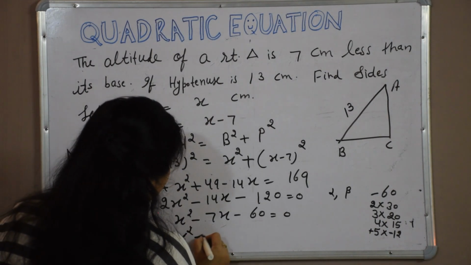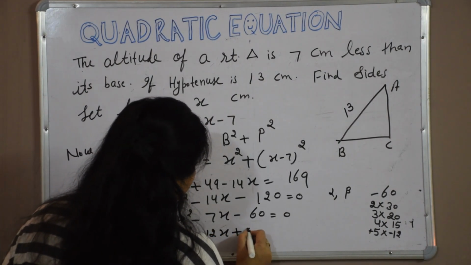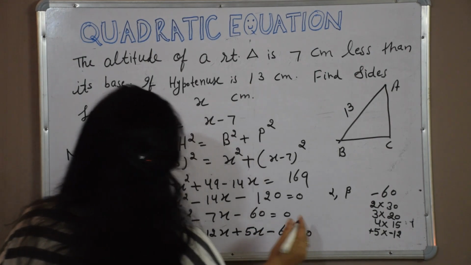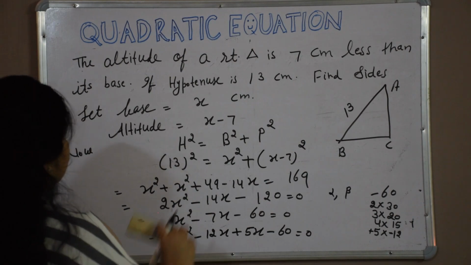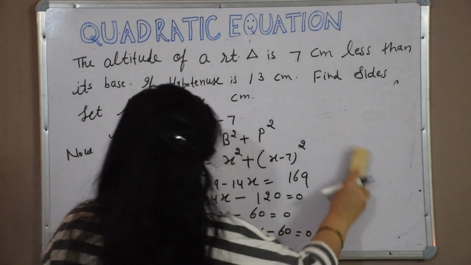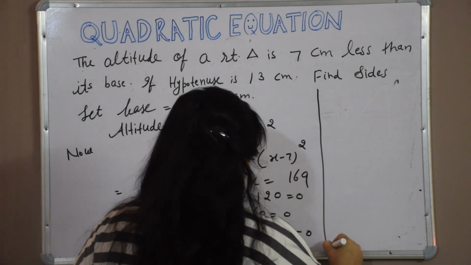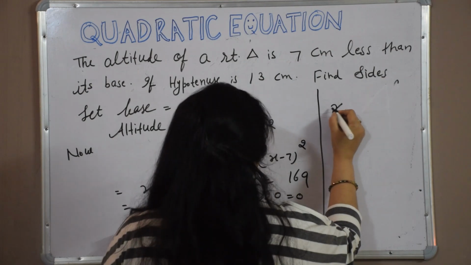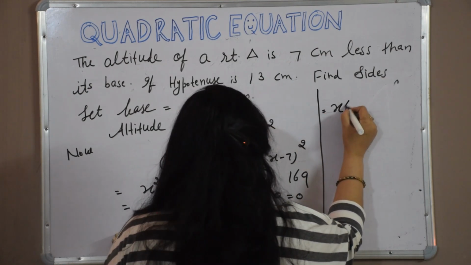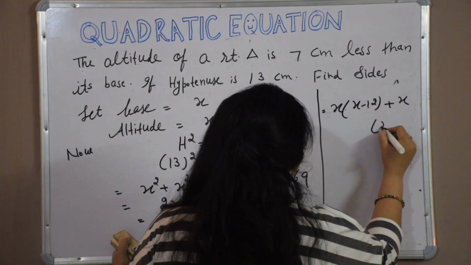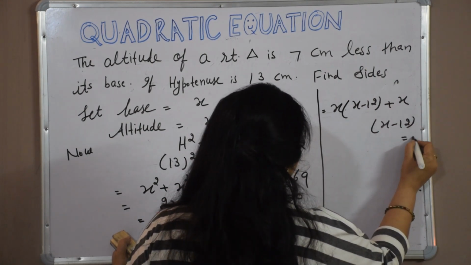X square minus 12x plus 5x minus 60 equals to 0. See here, we can take x common, x minus 12 plus 5 common, x minus 12 equals to 0.